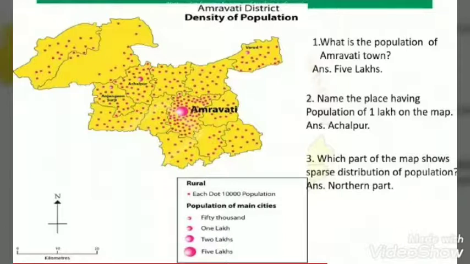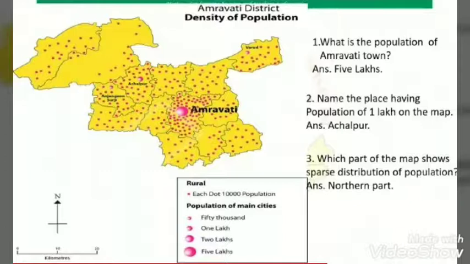In this figure, we can see the value of dot is given. Each dot is 10,000 population and below. In the index, we can see the population of main cities given in the form of circles. The highest value is 5 lakhs, which is of Amravati town.